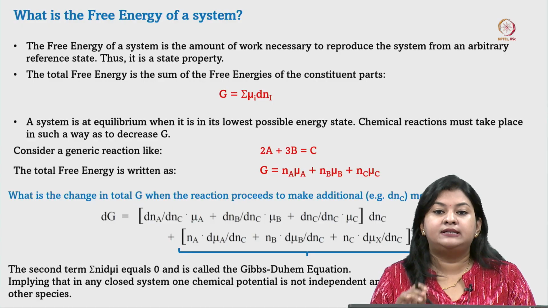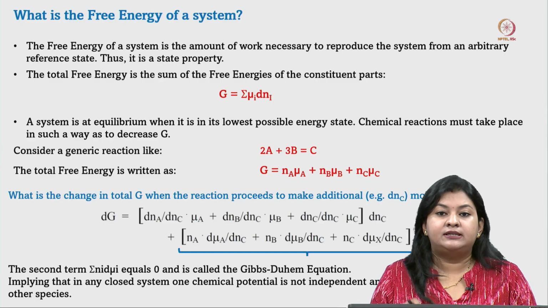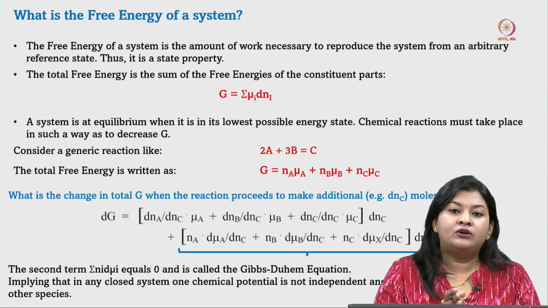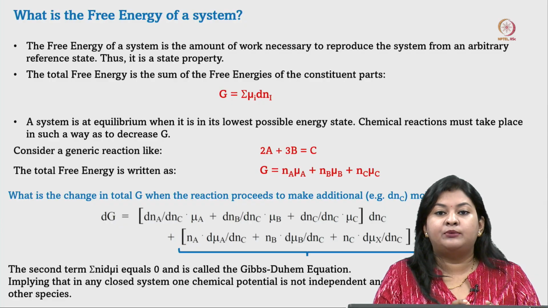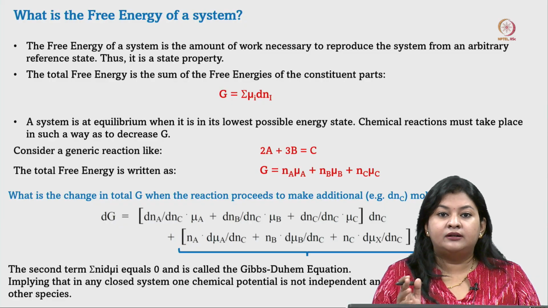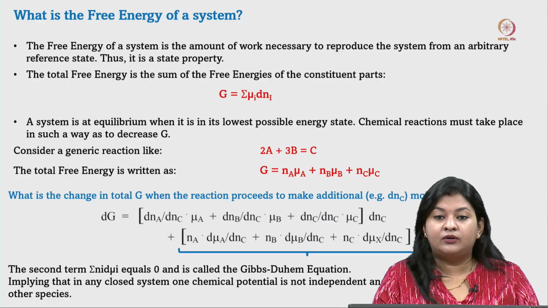That is your reference state, and then you have to bring your system to the given prevailing conditions that your aquatic system is in. So, that is the work done on that system.